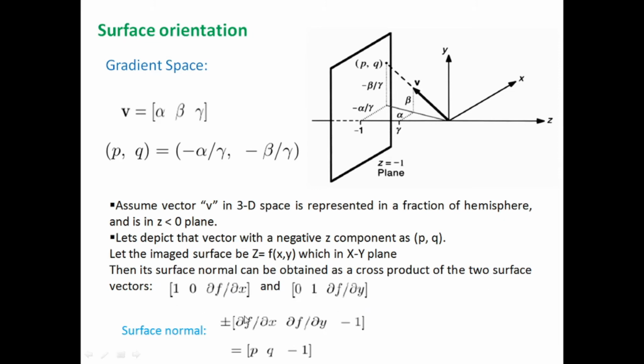If I do the cross product of these two vectors, I get my surface normal. So can I say that p, q, minus 1 is the surface normal? If it is projected in the image, it is p comma q. Point V is projected on this image plane, so this V I can assume is a normal component for the surface xy. So p comma q comma minus 1 is the surface normal.